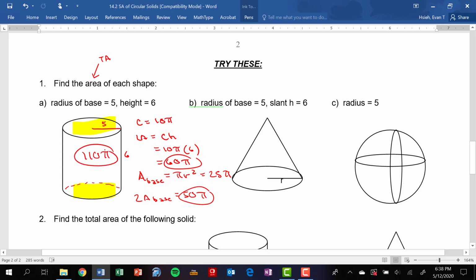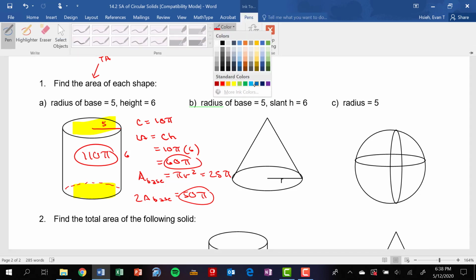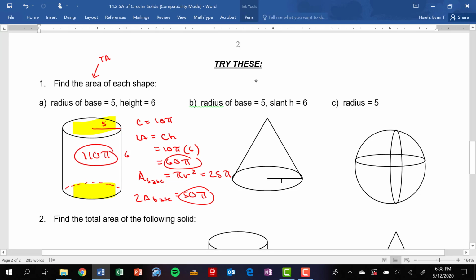Okay, moving on to the second problem here. Is this cone here with a radius again of 5 and the slant height equaling 6. And so the lateral area in this case is just going to be pi RL, and that's going to be pi times the radius, which is 5, times the slant height, which is 6.